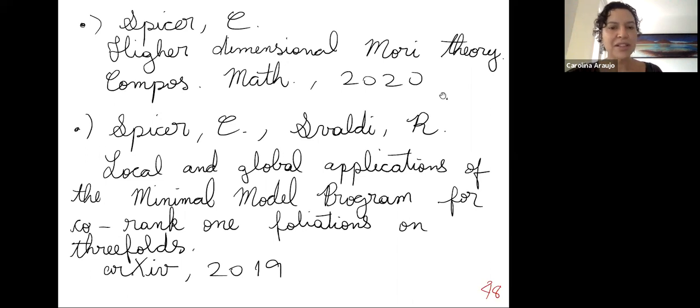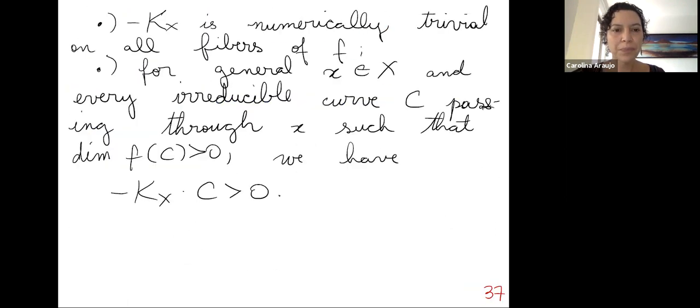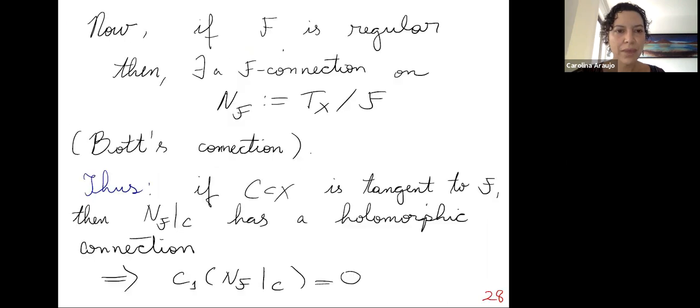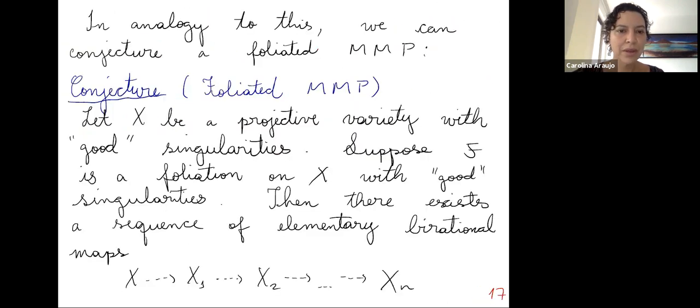Let me ask you something. When you put the conjecture about the foliated MMP, yes, this one. You explained that this is proved in dimension 3. But let me ask you something.